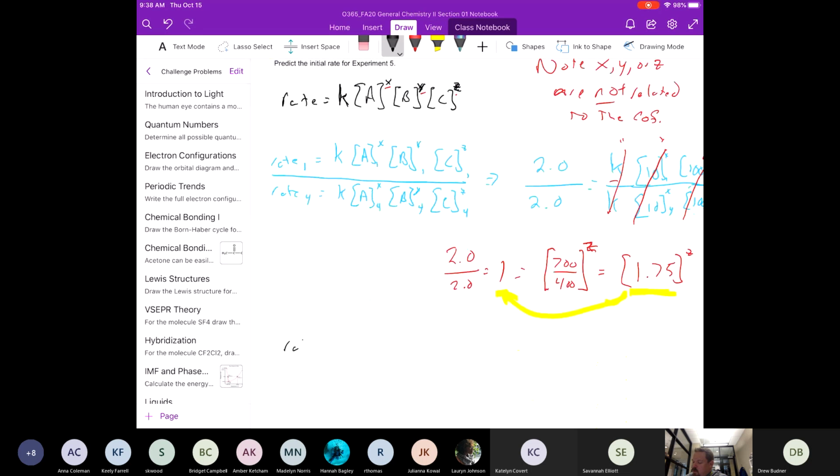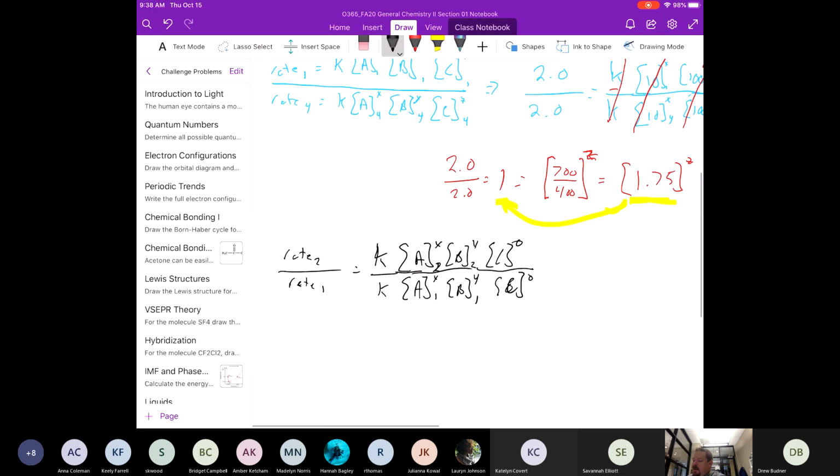So rate of experiment 2 divided by the rate of experiment 1 is equal to the rate constant times the concentration of A raised to the X for 2 divided by A raised to the X for 1, B raised to the Y for 2 over B raised to the Y for 1, times C to the 0, because we already know what that is.